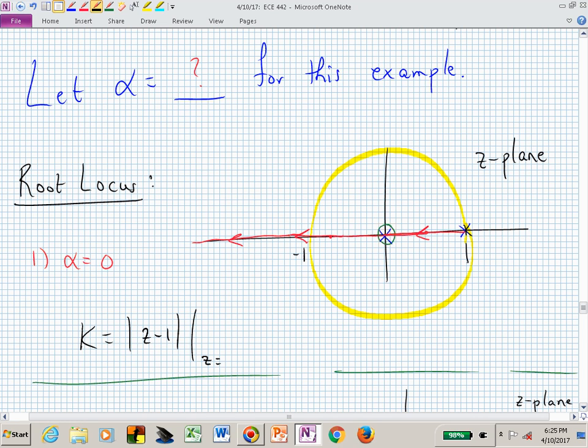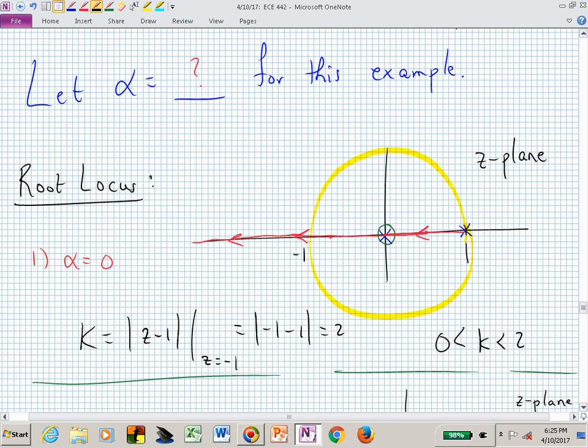I do have a red branch inside the unit circle. As long as I stay with z such that the magnitude of k is determined by the value of z at minus 1, I now am looking at that for stability.